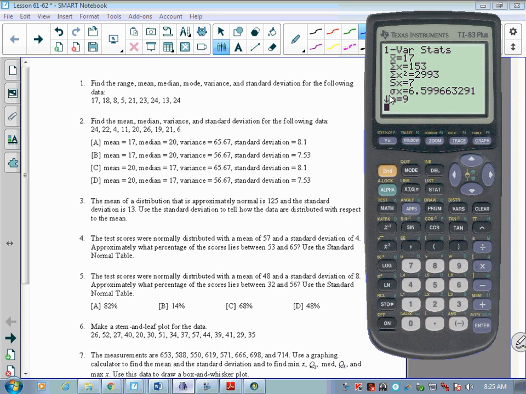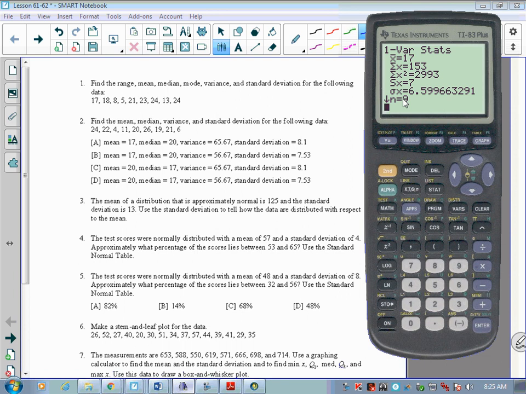This symbol right here is sigma x, and that is my standard deviation. So my standard deviation here is 6.6. Now, what this won't give me is variance.